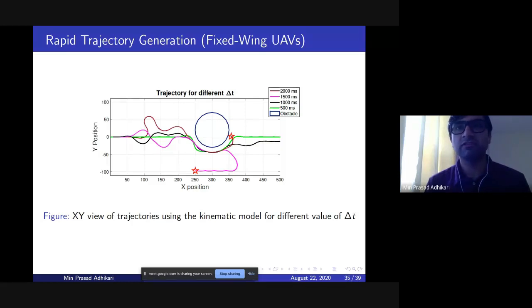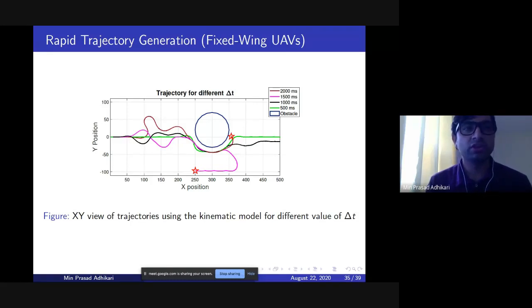Or if you have a pretty stable UAV that can make good enough turns, like 14 or 20 meters of turning radius, then you should be able to predict up to 10 seconds in the future, and 200 to 500 milliseconds might work.